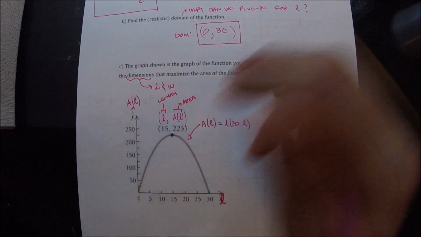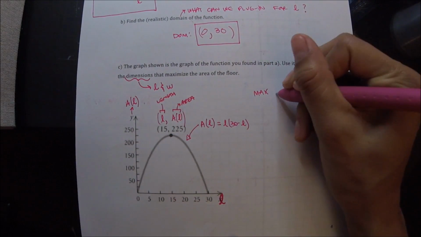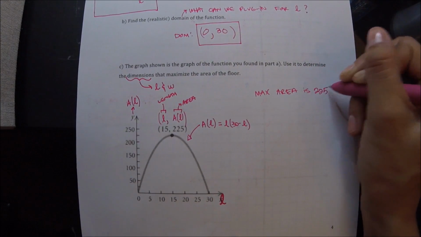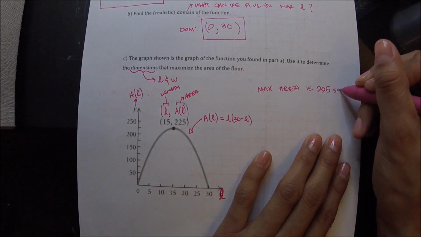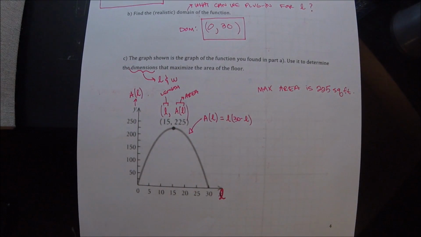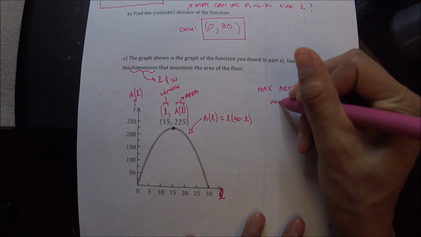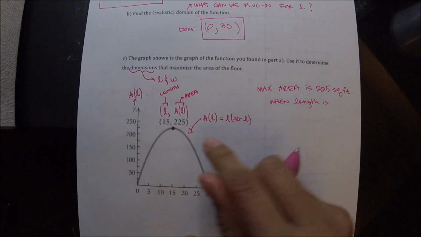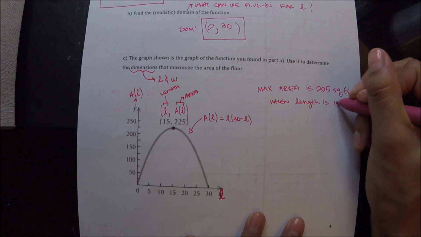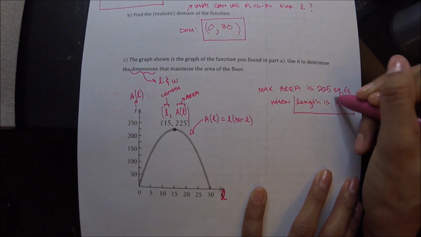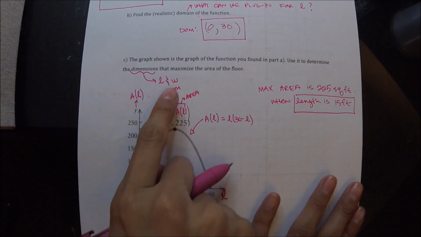So the max area is 225 square feet. Right? The Y value is 225 when the length is 15 feet.